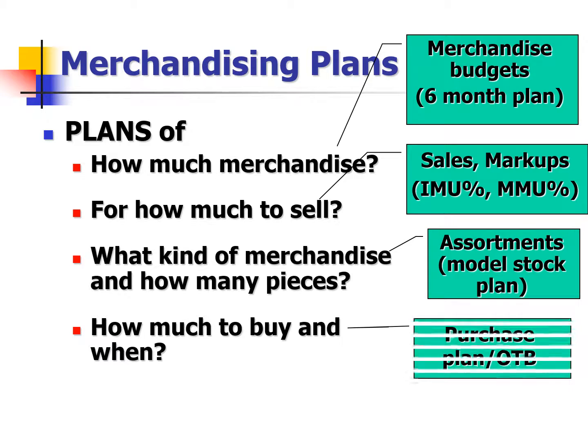Then we need a plan of the actual purchases: how much we're going to buy and when. That's part of the merchandise budget plan or 6-month plan, but then it gets down to specifics for any point in time, how much is left for you to purchase for the remaining month and things like that. That's what we call open to buy, or OTB.